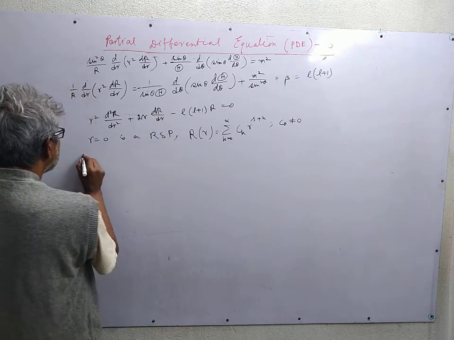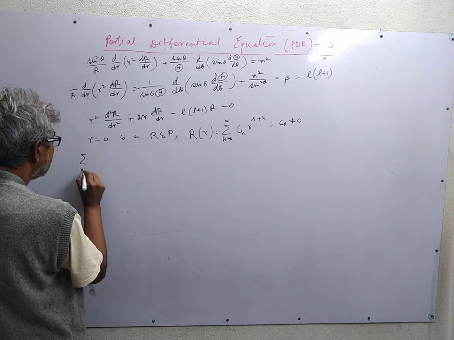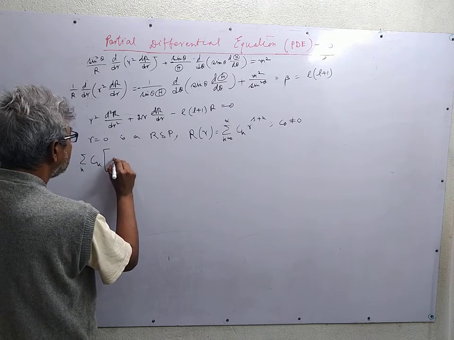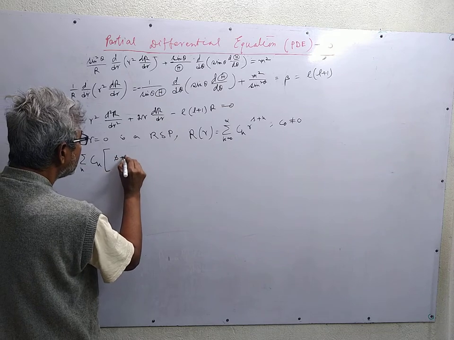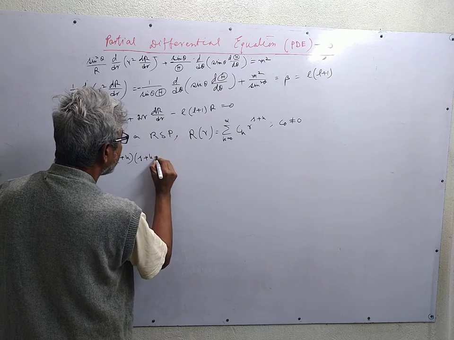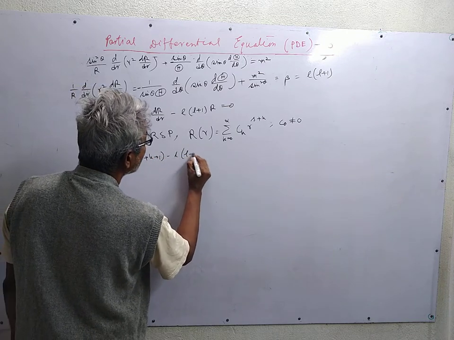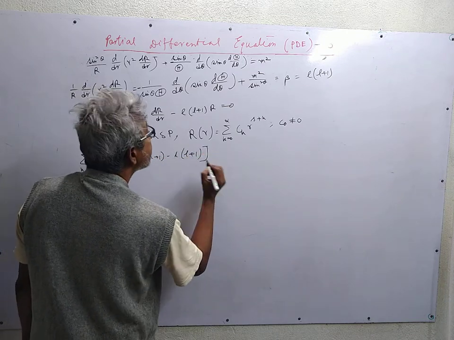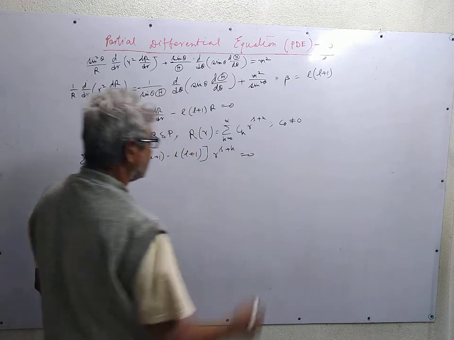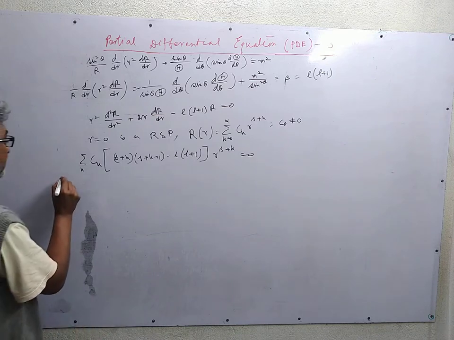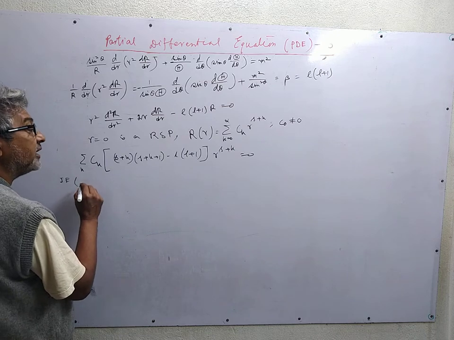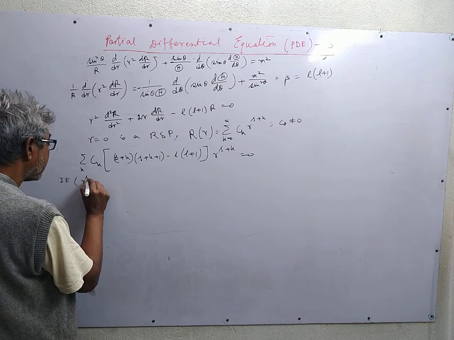So the relation is that summation of ck into s plus k into s plus k plus 1 minus L into L plus 1 r to the power s plus k is equal to 0. In the initial equation, we collect the coefficient of r to the power s.